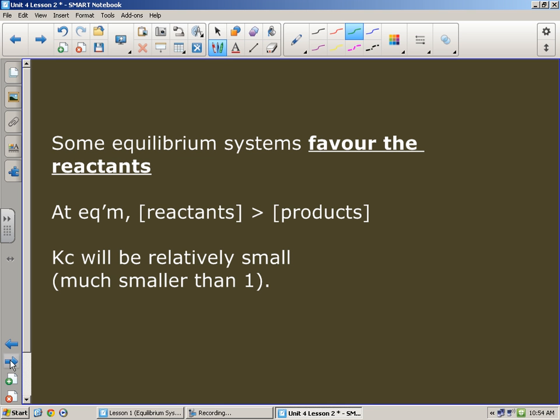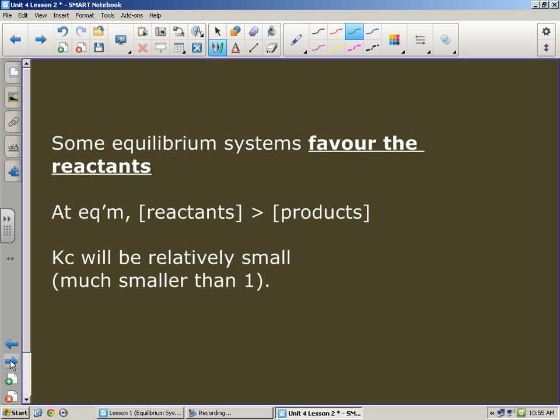If the reactants are very large, and that's on the bottom, and the top part, the products, is a very small number, for example, 10 compared to, let's say, 1,000, you're going to get a Kc value less than 1, always, okay? If you have a small number over a larger number, your number is going to be less than 1. If your number is less than 1, it says that it's going to favor the reactants, okay? I'll come back to that.